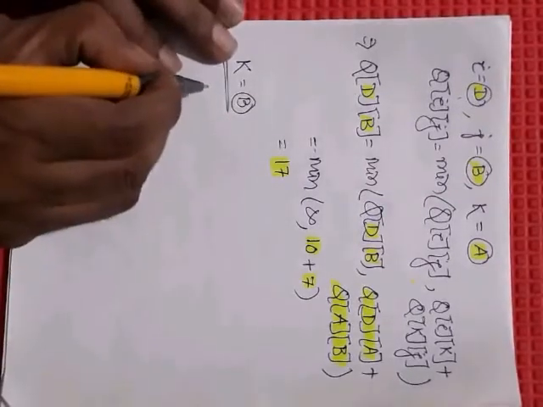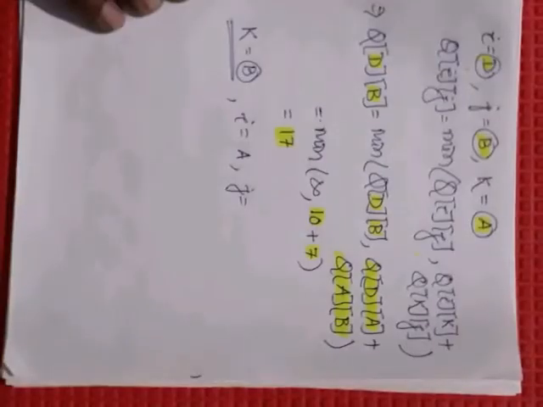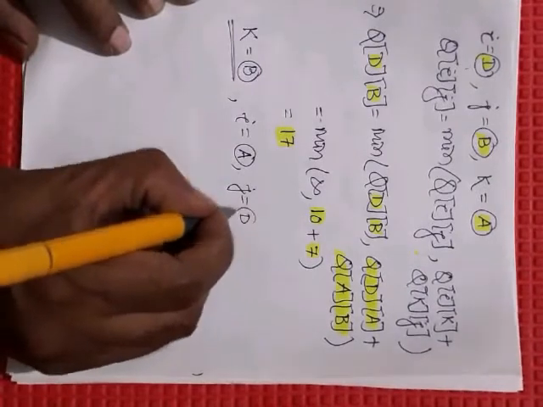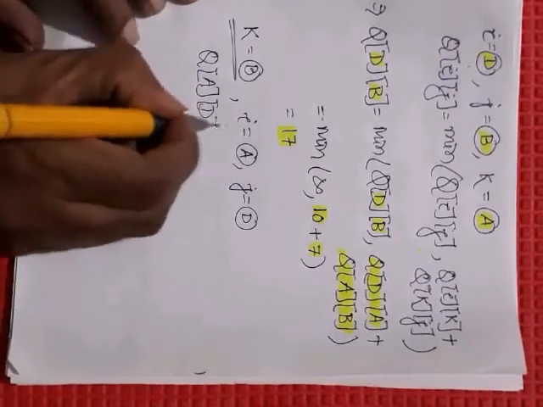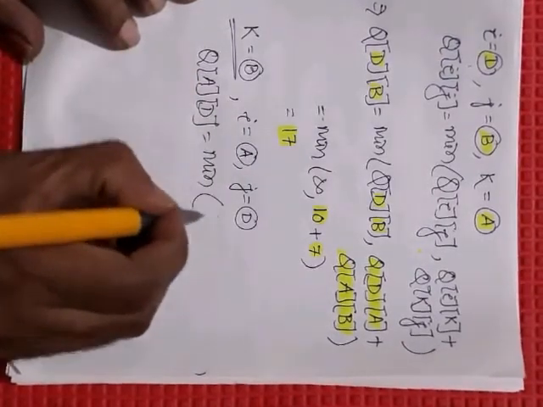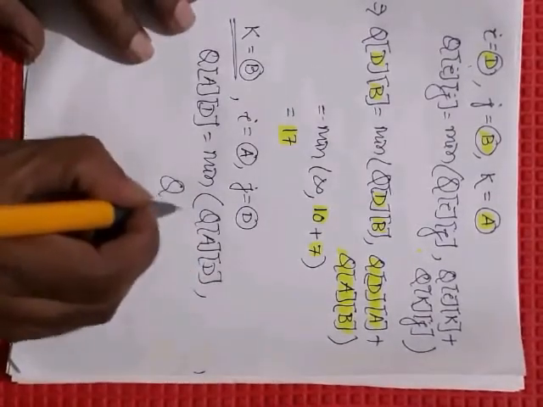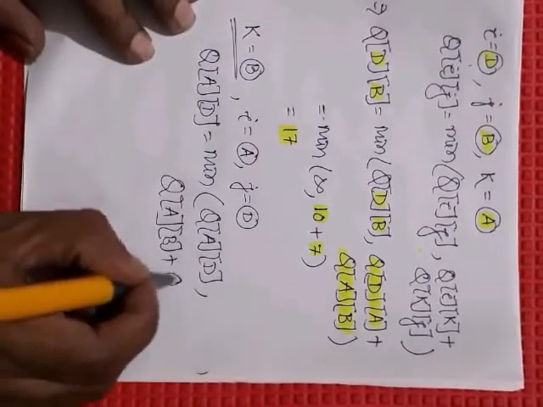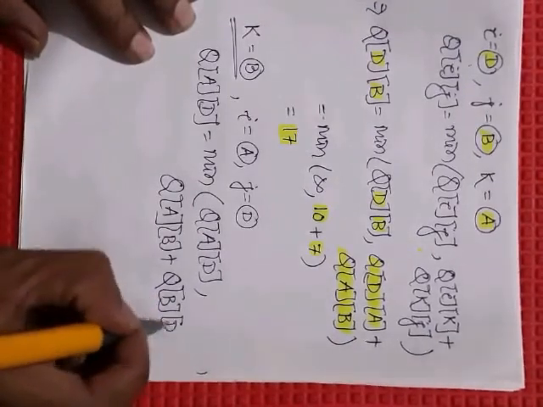So when k equals b, i equals node a, j equals node d, if you find Q of ad equals minimum of Q of ad, comma, Q of ab plus Q of bd.